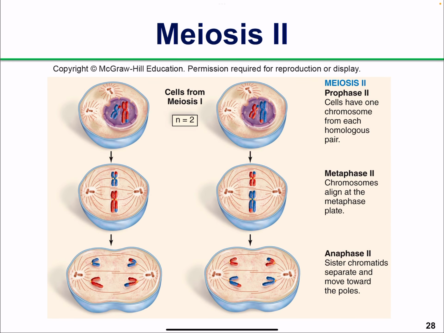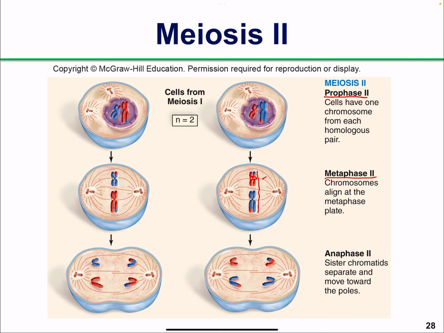All right. So a graphic representation of meiosis 2: we have prophase 2, where the chromosomes are going to condense, right? In metaphase 2, the chromosomes are going to line up on the equator line, each having spindles attached to the centromeres, right? And the spindles are going to pull away from each other.